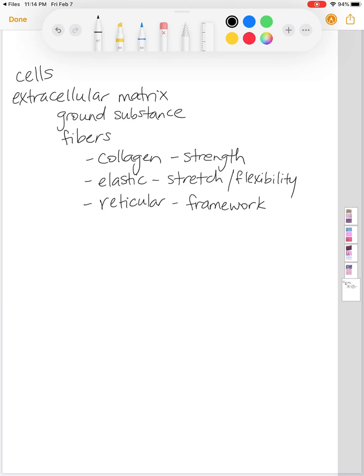So let's list out the main categories of connective tissue to begin with. First one is bone. Bone is the most solid form of connective tissue, so we'll start there. Then moving from bone, we'll go to cartilage. There are three different types of cartilage: hyaline, elastic, and fibrocartilage.